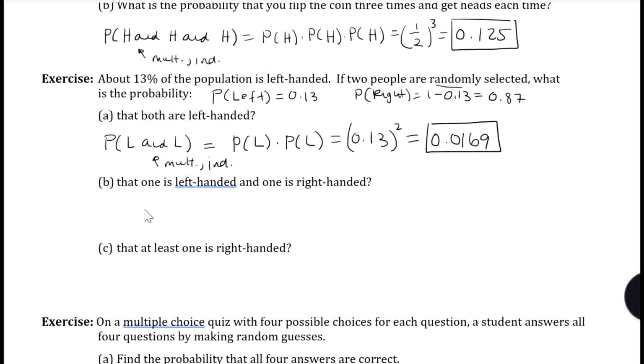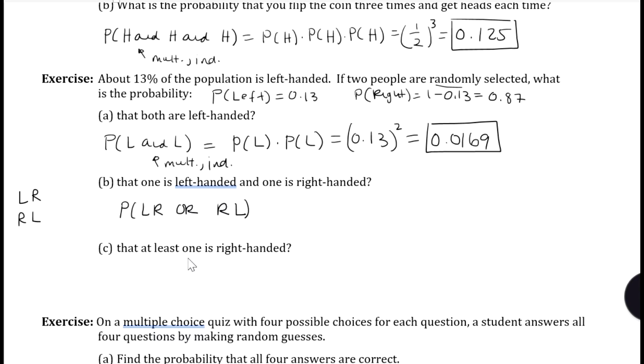Okay. The probability that one is left-handed and one is right-handed. So we're choosing 2 people. I could have the first person being left and the second person being right, or the first person being right and the second person being left-handed. So this probability is probability that we are left then right, or we're having right then left.